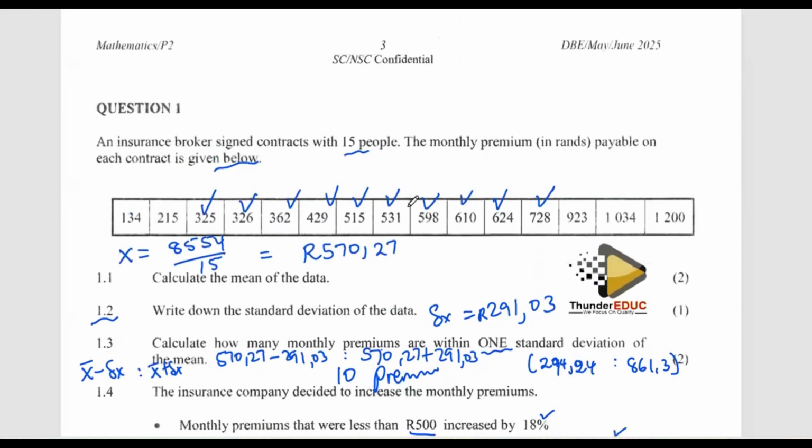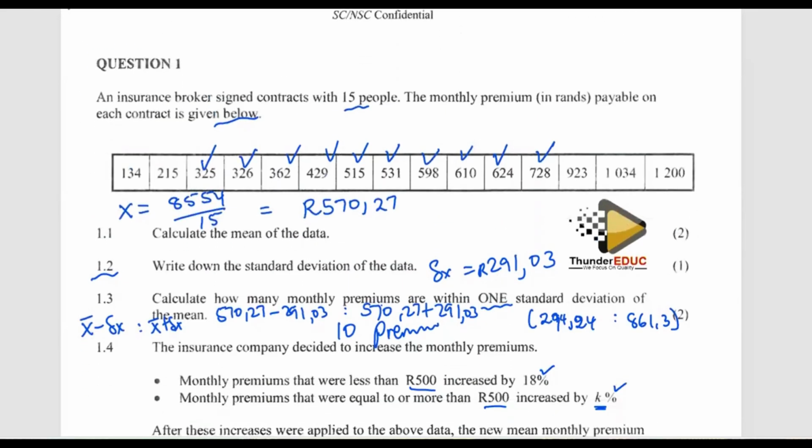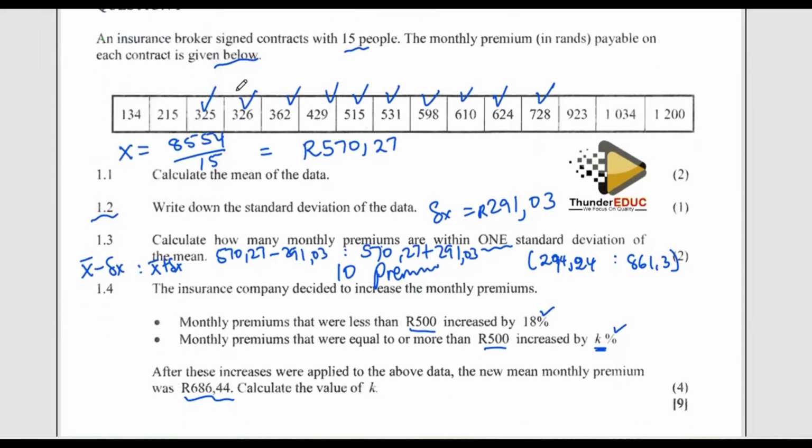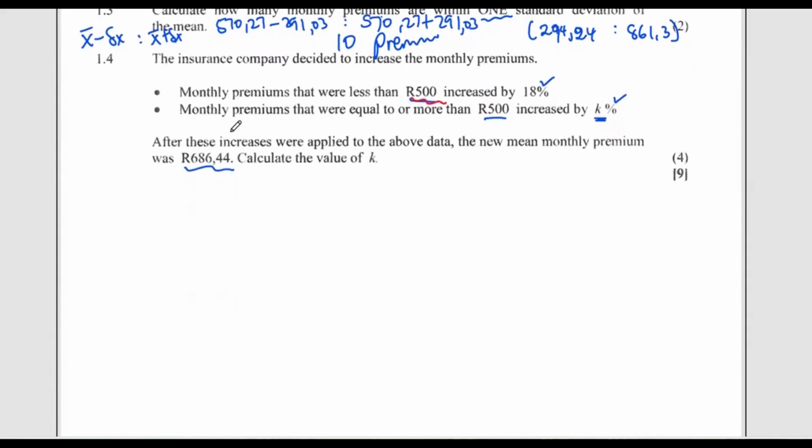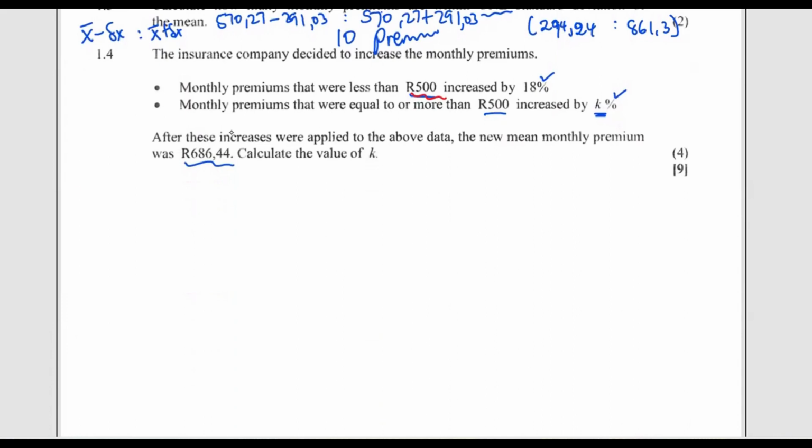I know many people might have different opinions on how to work this out, but I'm just going to use my format, as long as we get to the correct answer. I need to add up all the amounts that are less than 500: 134, 215, and all these ones. How many are there? 1, 2, 3, 4, 5, and 6. When I add these 6 amounts up, I get 1,791.